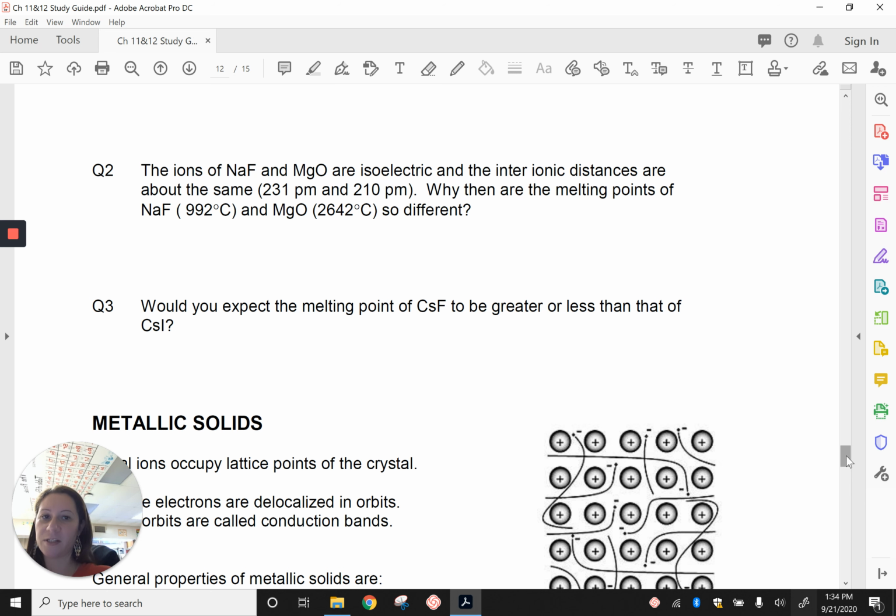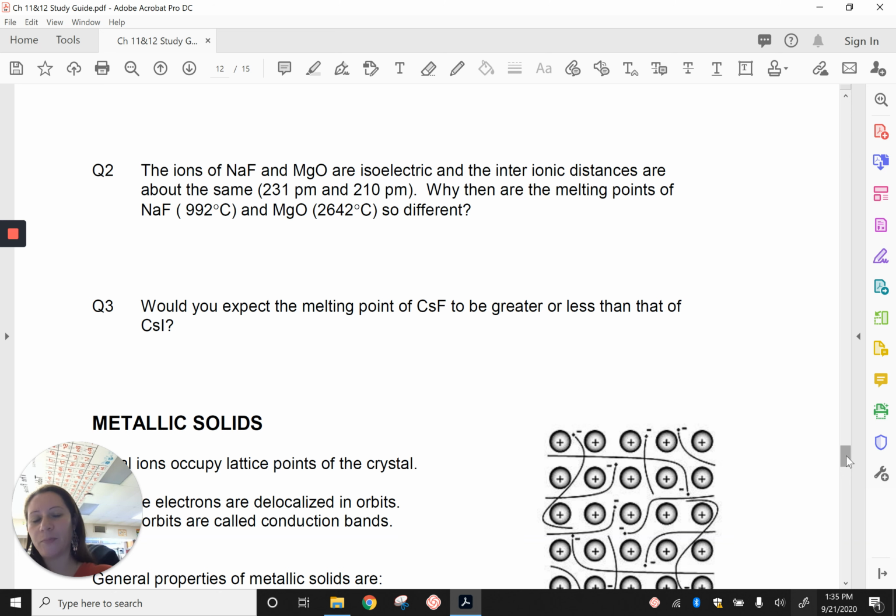That means they have the same number of valence electrons, and the inter-ionic distances are about the same. So one is 231 picometers, one is 210 picometers, so they're very close to each other. Why then are the melting points of NaF and MgO so different? One of them is a little less than 1,000, the other one is more than 2,600.